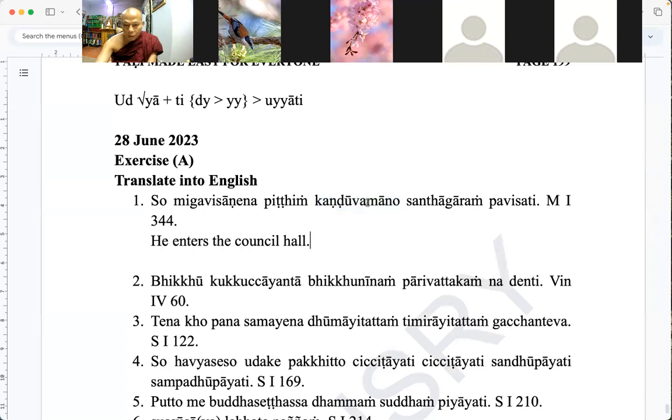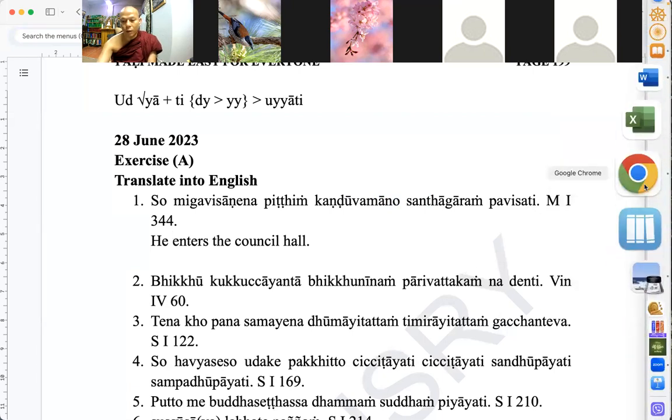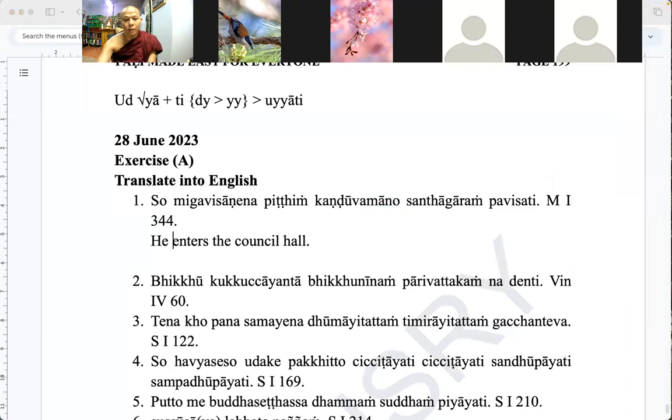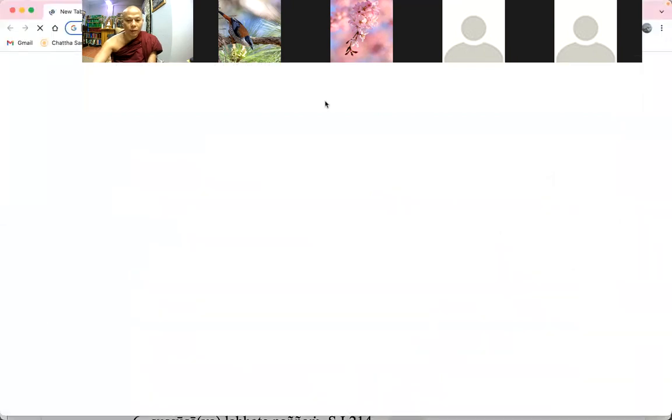You see? Kaṇḍuvamāno is a present participle, and here the ending in O is the same as the nominative case. In the list of vocabulary we already learned that it means to scratch the body.